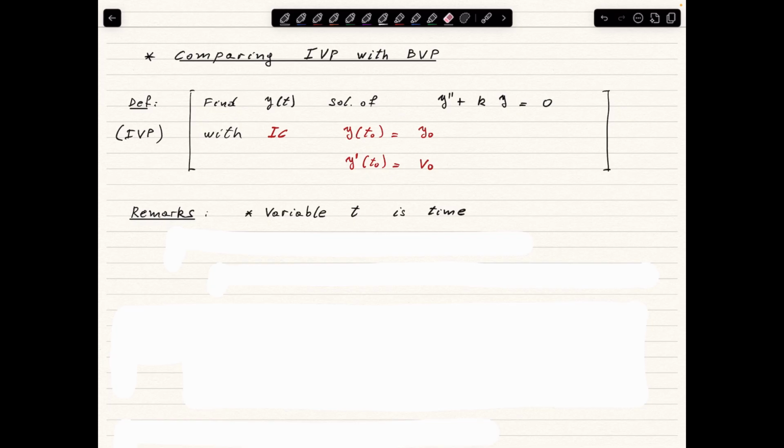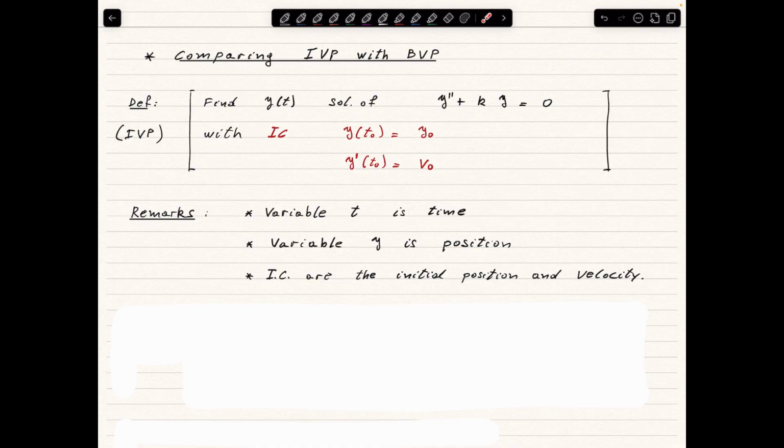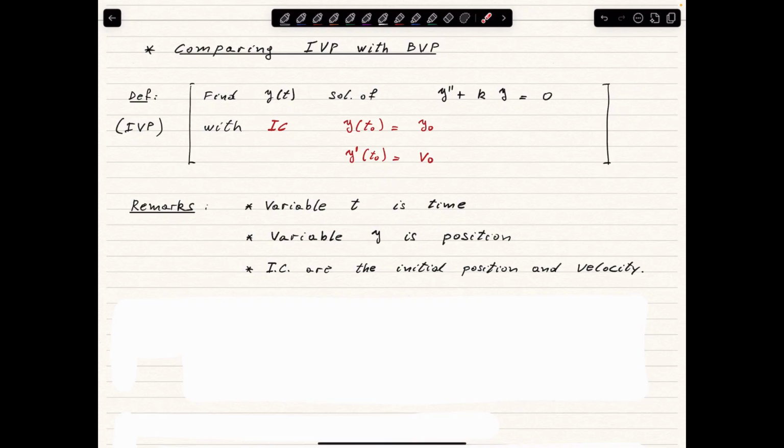A few remarks: the variable t has a meaning of time, that's why we use that name for the independent variable. The variable y usually has meaning of position, because usually this equation comes from Newton's equation of motion of a point particle. So y is a position, and the initial conditions, as we mentioned before, are the initial position and the initial velocity of that particle. That was an initial value problem.